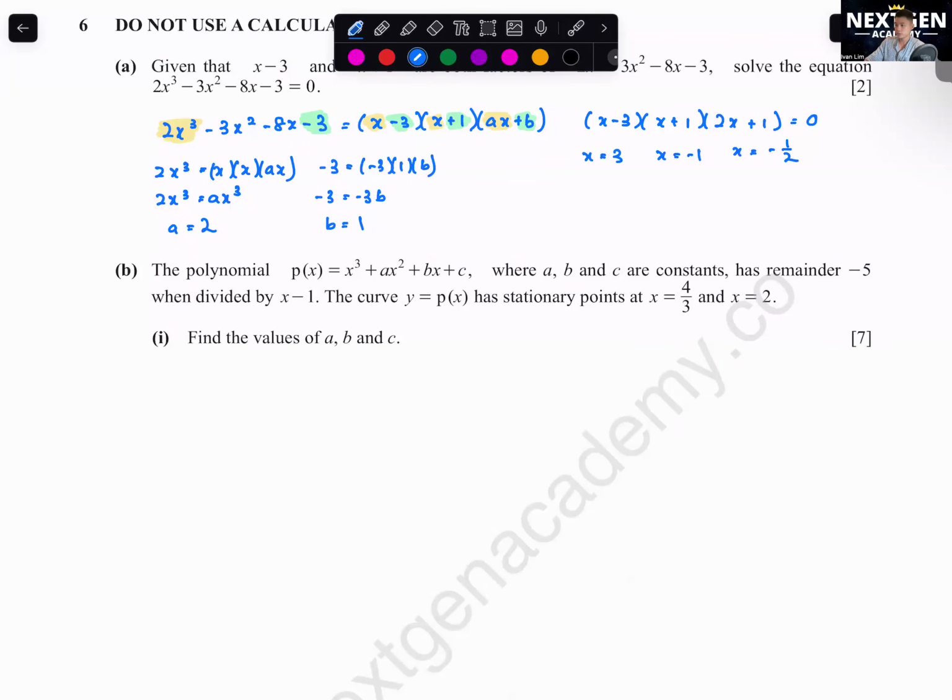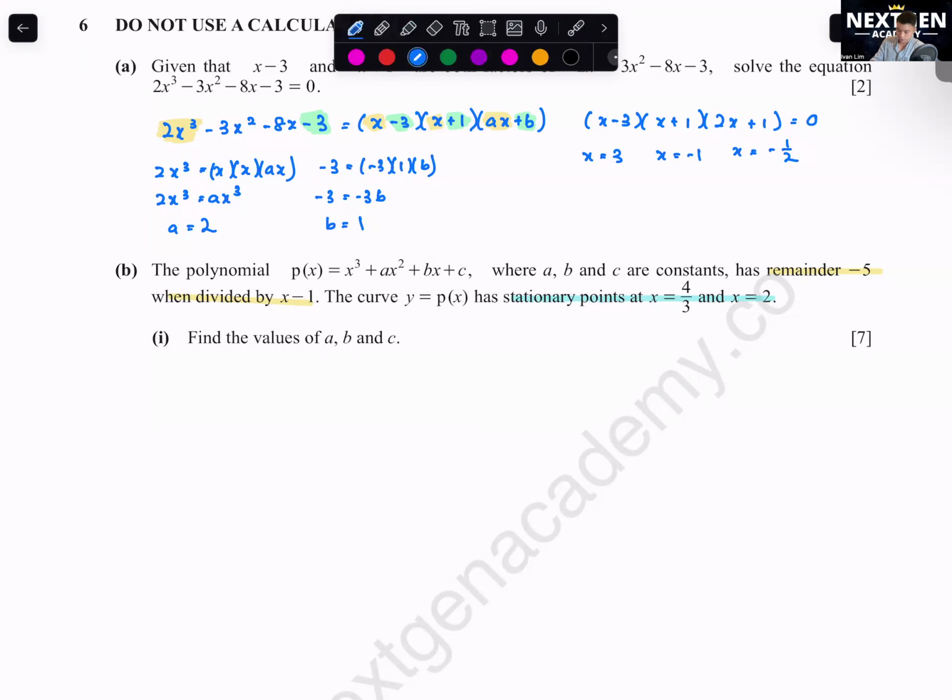It's a 7-mark question. This is pretty long, but I always say that factors and polynomials is the easiest chapter in the entire syllabus. You have a polynomial P(x), where a, b, and c are constants. It has a remainder of negative 5 when divided by x minus 1. Then they give that P(x) has stationary points at x equals 4 over 3 and x equals 2.